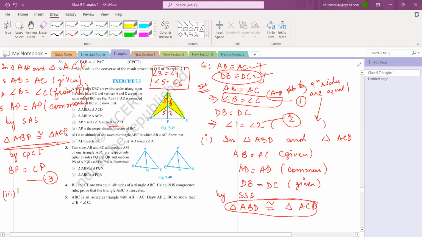Yes, ma'am. Okay, so I'll repeat the same thing. So since triangle ABD is congruent to triangle ACD, I can write by CPCT, angle 3 is equal to angle 4, right? So this implies that AP bisects angle A. So one thing we have shown.